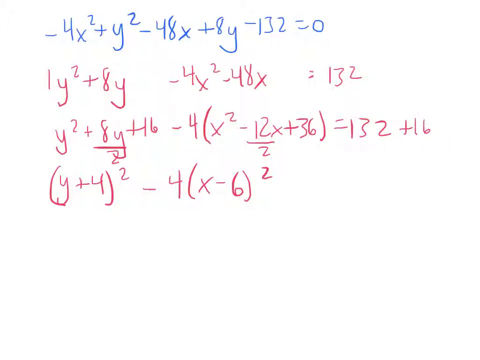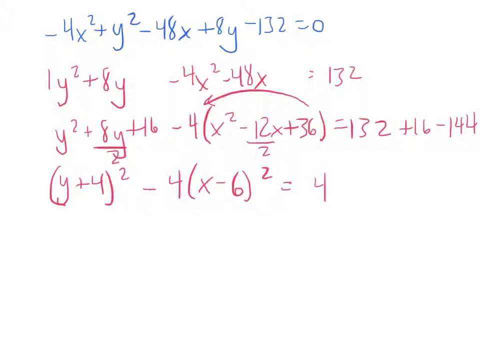Now the problem here is that I'm going to multiply this 36 by that 4 now. But now I have this minus sign right here. So I have to do 36 times negative 4. And 36 times negative 4 gives me negative 144. So instead of adding 144 to the other side, I have to subtract 144. And then once I do that, I'll get that this equals 4.